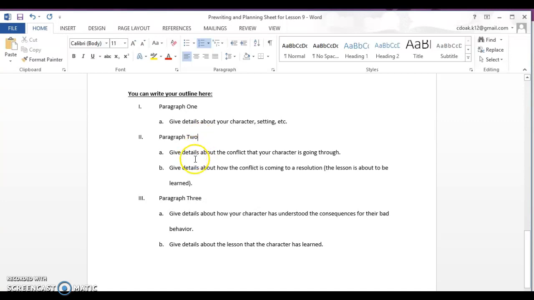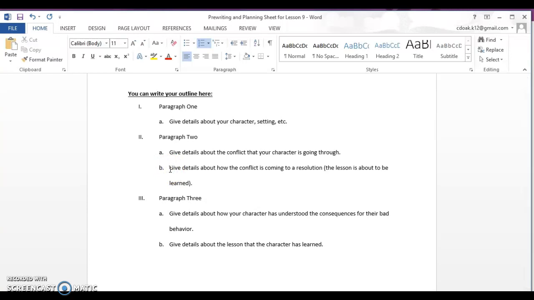Paragraph 2. This is where, if you want to, you can give us more details about the conflict that your character is facing, okay? Like they have a problem because their behavior is not good, whether they're selfish or whatever. Then give us details about how this conflict is coming to a resolution.